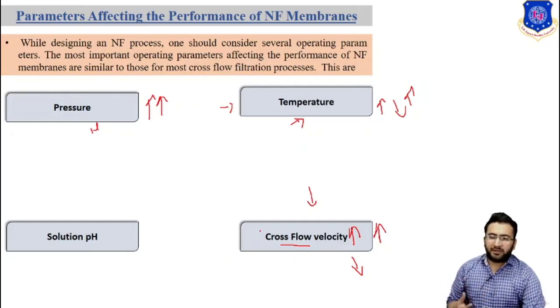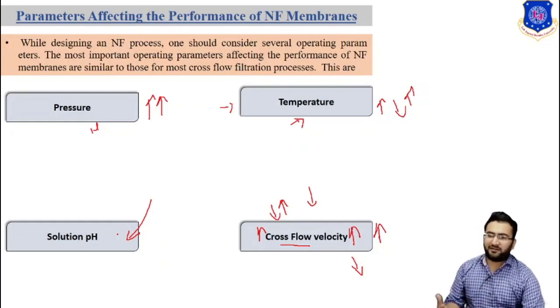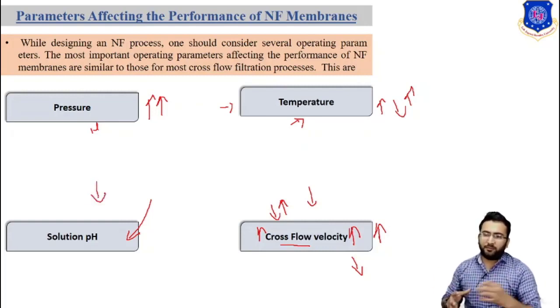If we increase the cross flow velocity, the fouling and concentration polarization are decreased so that the flux of nanofiltration will increase. The major effect parameter on the nanofiltration membrane is solution pH. If the pH of the solution is very low, it might affect the surface of the nanofiltration membrane, which is the reason for separation of charged solute.